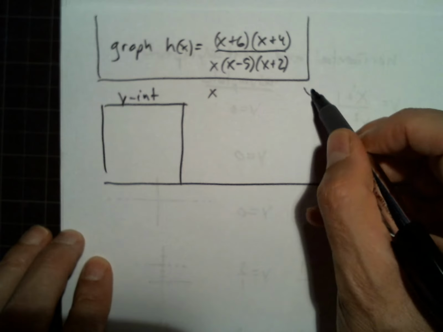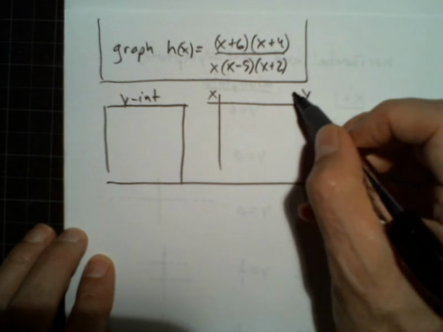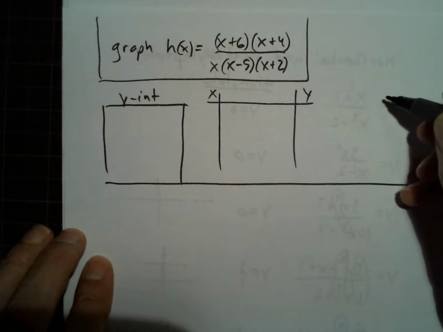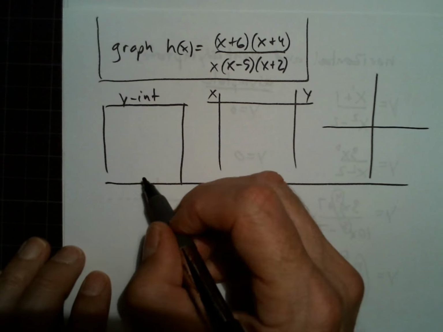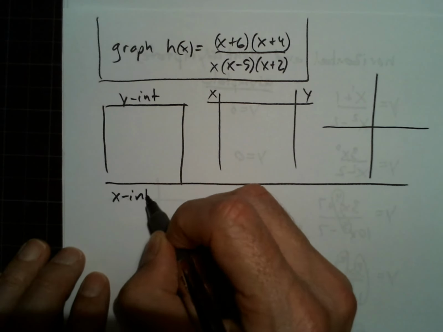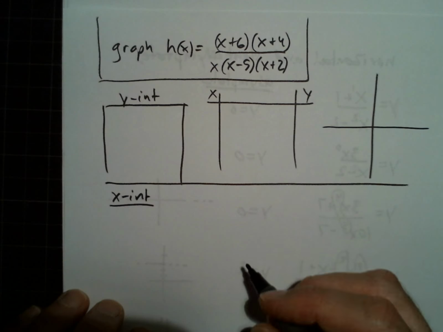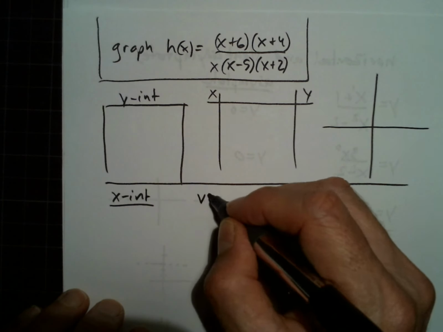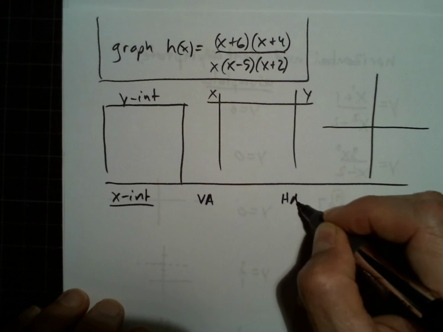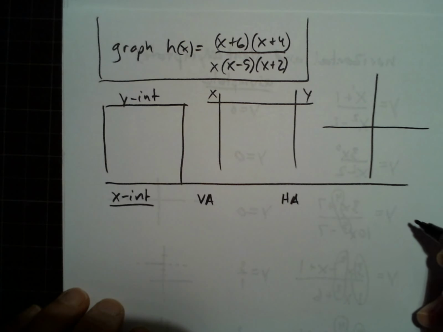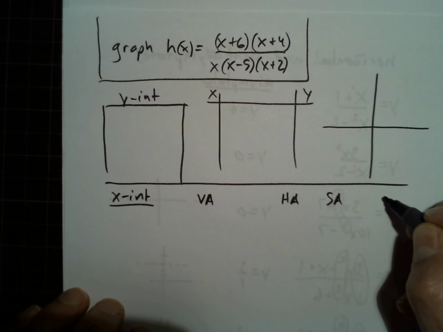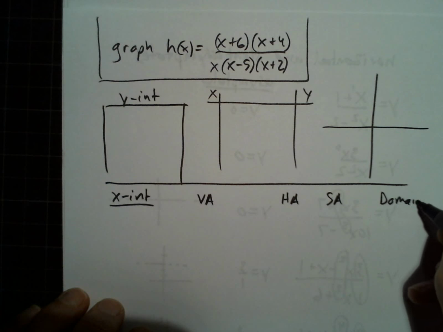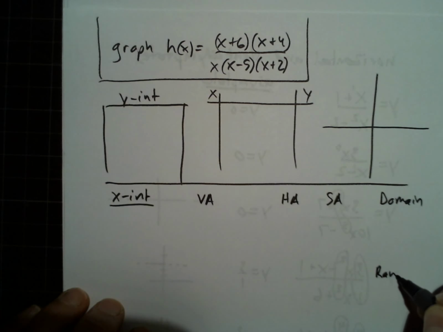We're going to need to make a table. And then we'll look for the vertical asymptote, horizontal asymptote, and we could look for a slant asymptote and domain and range.